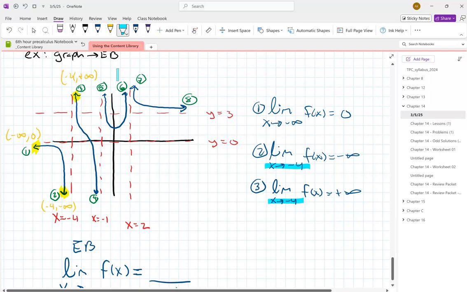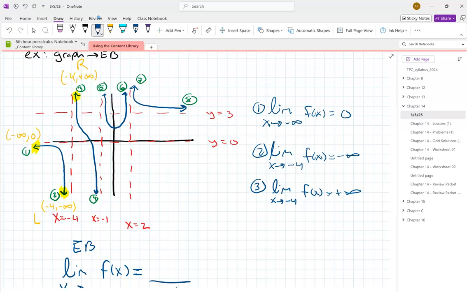Both those limits are as x goes to -4, but they're going to different places, right? So we need to clean this up a little bit, because limit number 2 is talking about the left-hand side of -4, and limit number 3 is talking about the right-hand side of -4. We need to denote that somehow. The way we're going to do that is use a superscript on the number 4.